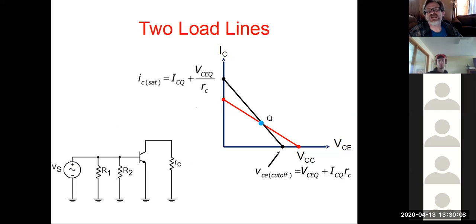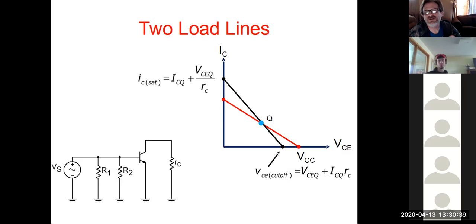Now we look at our AC response in relation to our DC response, okay? In this case, we're going to look at both IC of saturation and VCE of cutoff, and notice that we're using the approximate model here. Again, remember, short out all capacitors, ground out any DC supplies, redraw your circuit, and this is your response from an AC driving point of view.